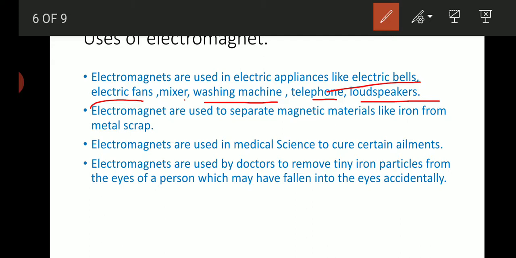And they are also used to cure certain ailments. For example, there is MRI, magnetic resonance imaging, and they are used in bells, telegraph, telephone instruments.